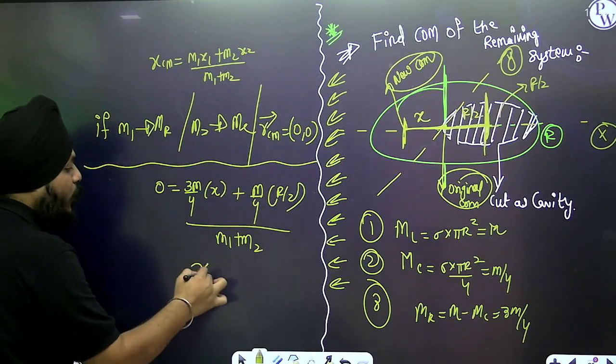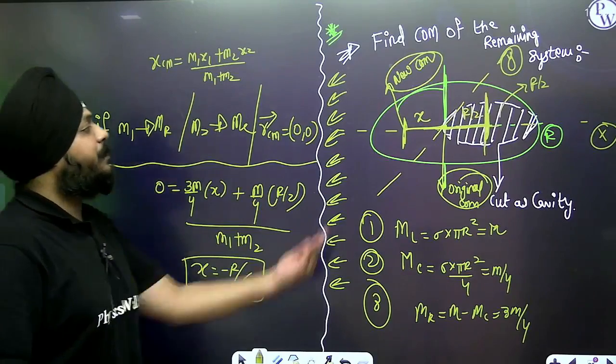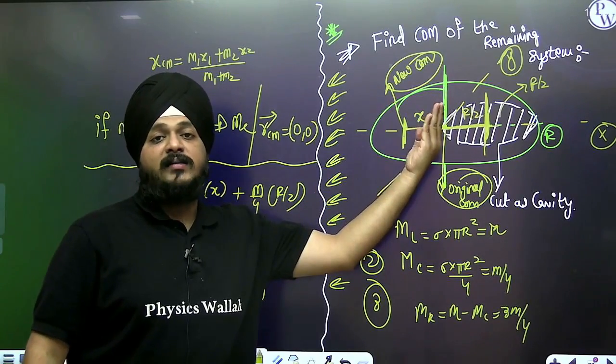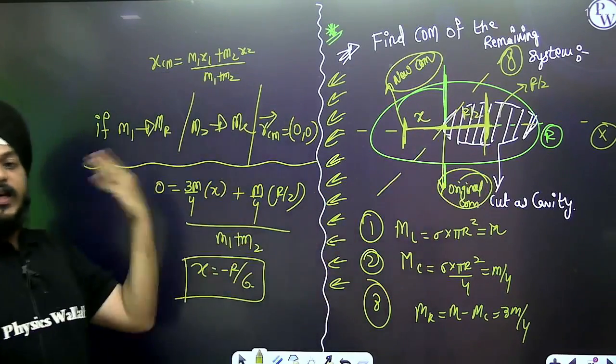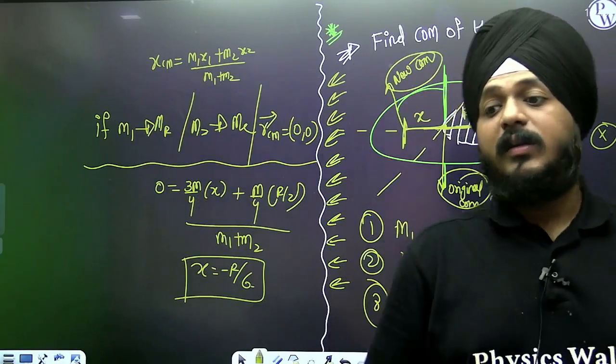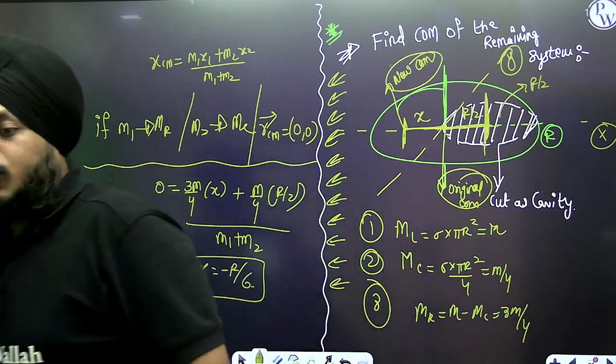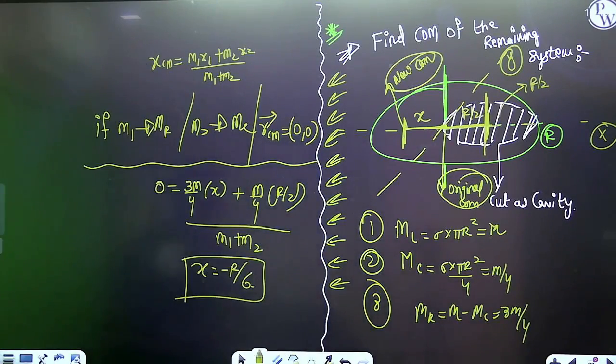Here x comes out as negative r by 6. With respect to the origin, the center of mass shifts by r by 6 towards the left side. Yes or no, guys?